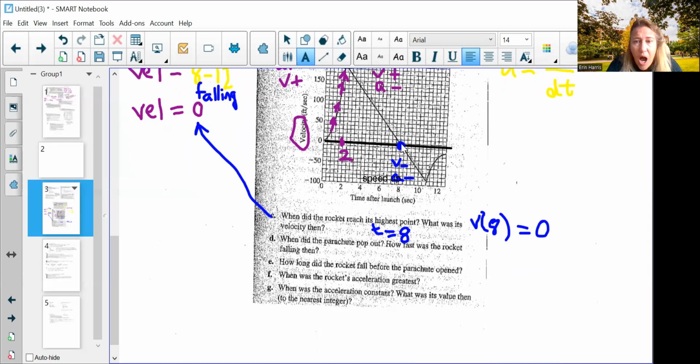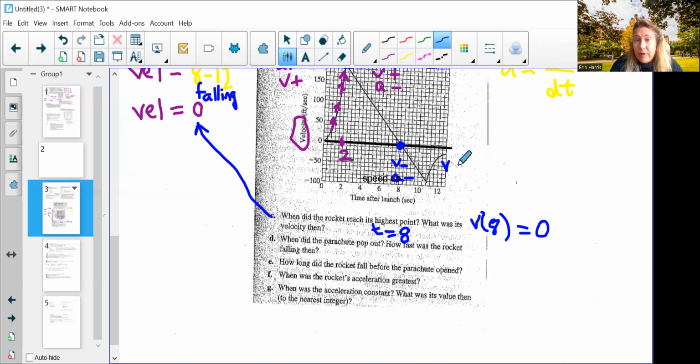But then over on this side, velocity is still negative, because we're still below the t-axis, or the x-axis, whatever you want to call it. But now the slope is positive. And we know that when velocity and acceleration have opposite signs, they move in opposite directions.